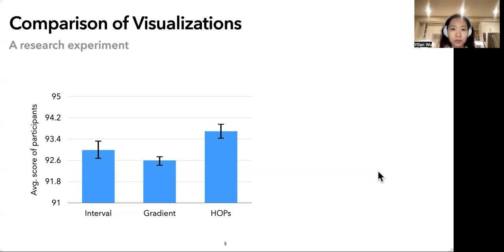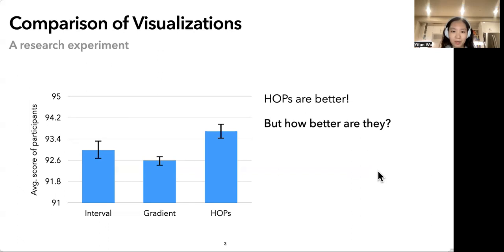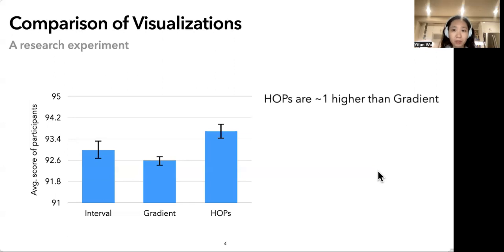This plot shows the average score for these three visualization strategies. And we can see HOPs are better because they achieve the highest average payoff for participants. But the question is, how much better are they? This question remains unclear because from the plot, we only know HOPs are around 1 higher than the lowest, gradient.